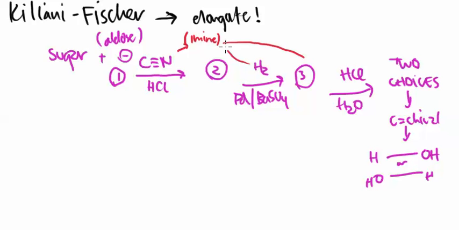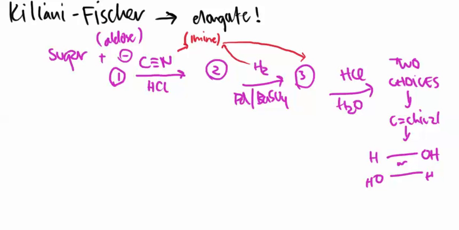This H2 is going to come in, look at this nitrile group, convert it to an imine, and then we go on to step 3. And step 3 is a continuation onto that, and the 2 imines are hydrolyzed to 2 aldoses, right? Okay, so we end up with this mixture of different sugars in the very end.